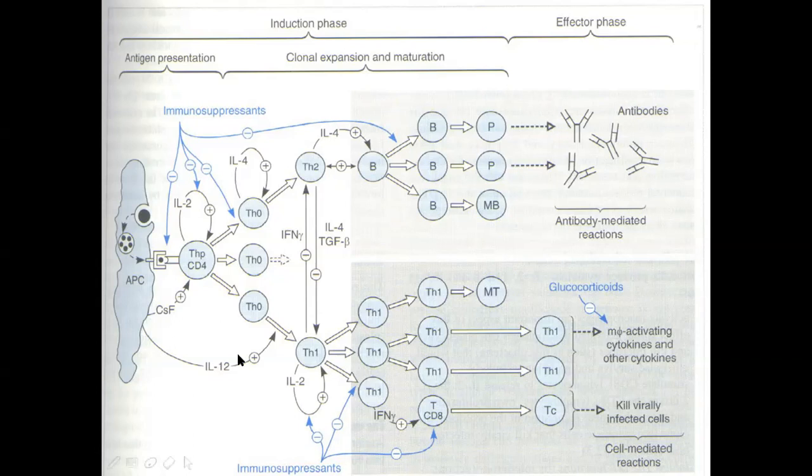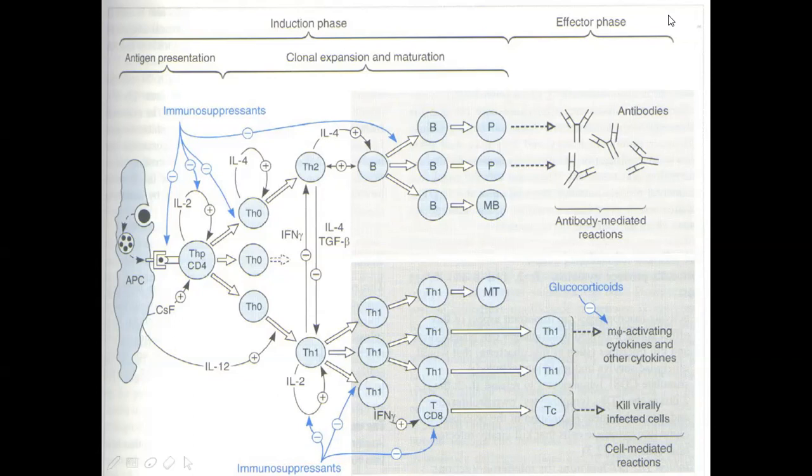And here, actually, there are 2 phases. One, the antigen presenting cell, the APC, where these steps will occur. And then we have a clonal expansion and maturation phase, where there is the formation of antibodies, and the effector phase. The entire antigen presentation and clonal expansion and maturation phase is called the induction phase.